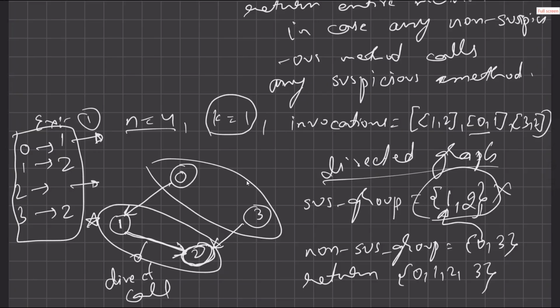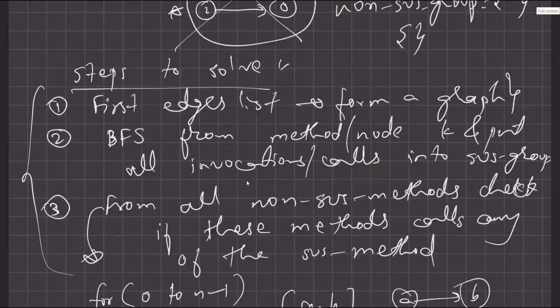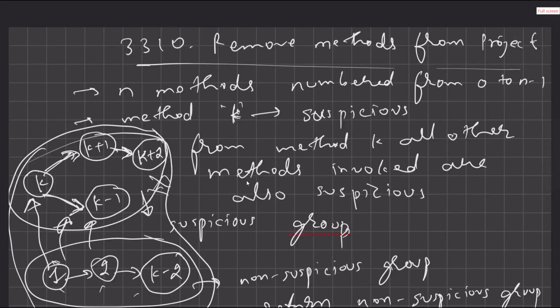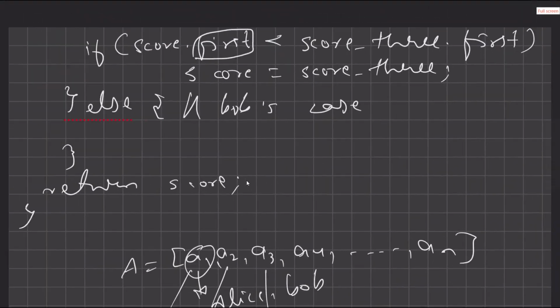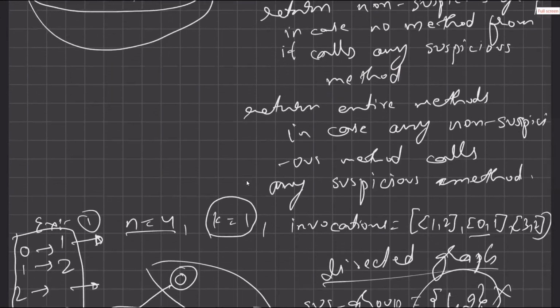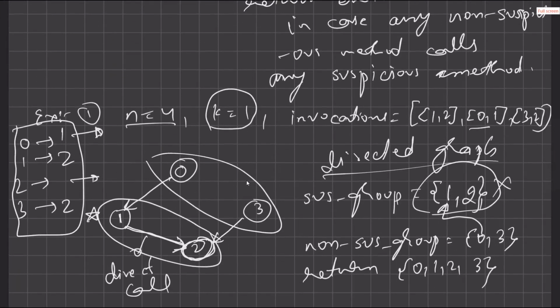When we are running a loop, as I said here, we'll run a loop from 0 to n minus 1. We figure out that the 0th node is suspicious, so we'll not do anything. Now we figure out node 1. It is not suspicious.